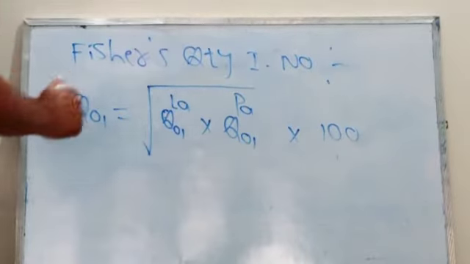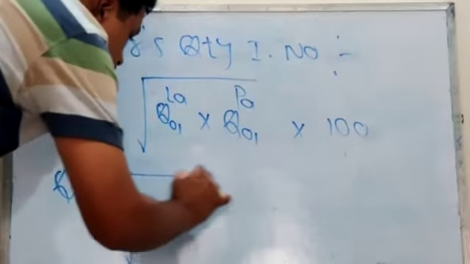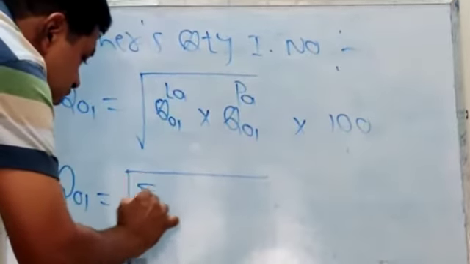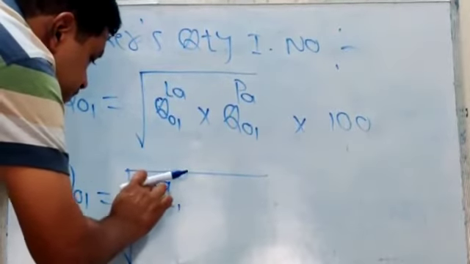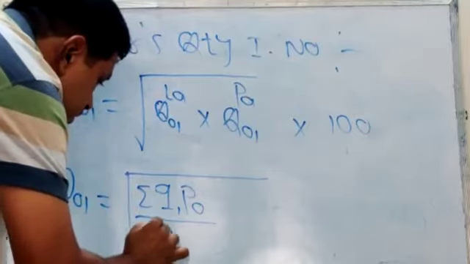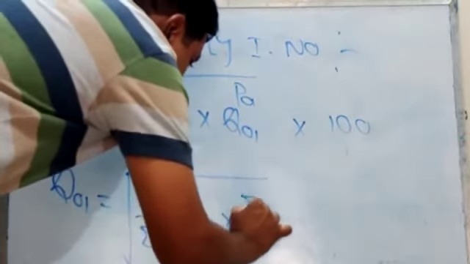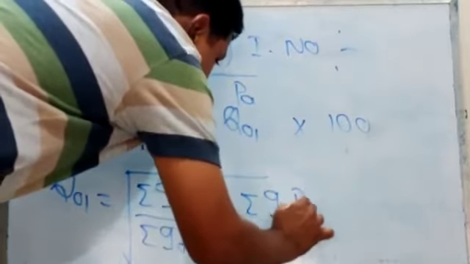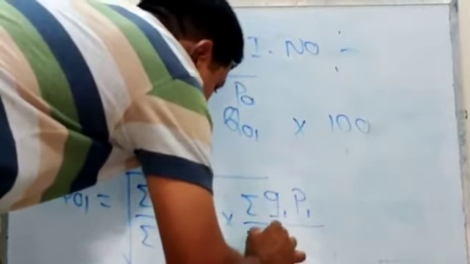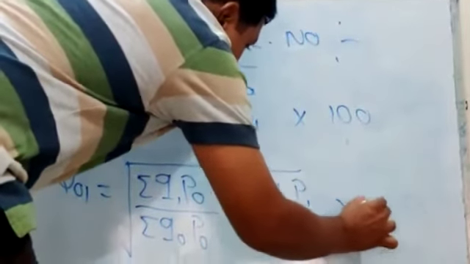This can be rewritten as Q01 equals square root of summation Q1 P0 divided by summation Q0 P0, into summation Q1 P1 divided by summation Q0 P1, into 100.